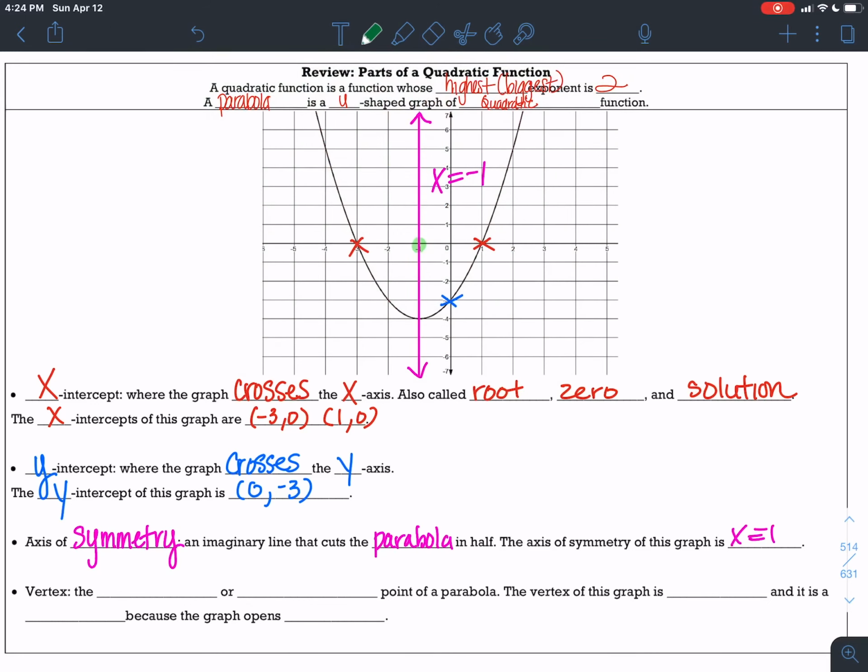My vertex is also my maximum or minimum. Maximum means a top, minimum means a bottom. The vertex of this graph is located at -1, -4.